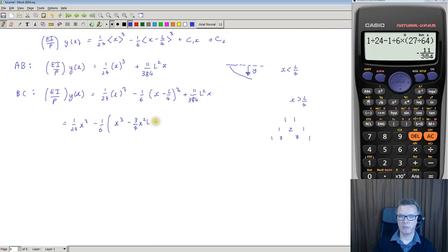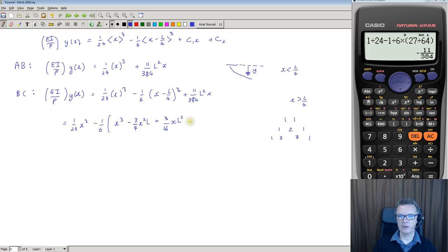And the next one will be plus 3. So we've got 4 times by 4, so that would be 16 x L squared, making sure the powers always add up to 3.